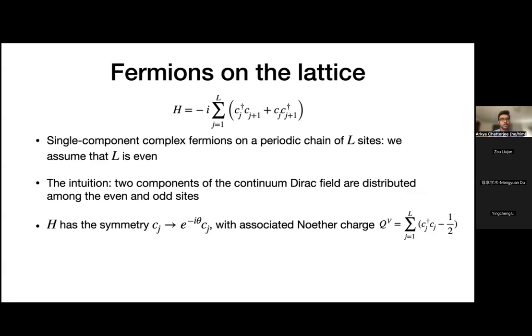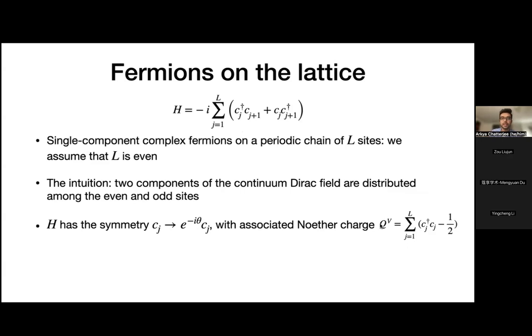And this Hamiltonian obviously has a number conservation symmetry, which acts by multiplying a phase on the fermion creation and annihilation operators. So there's an associated charge for the symmetry, which I'm going to call QV, which is given by this expression here.